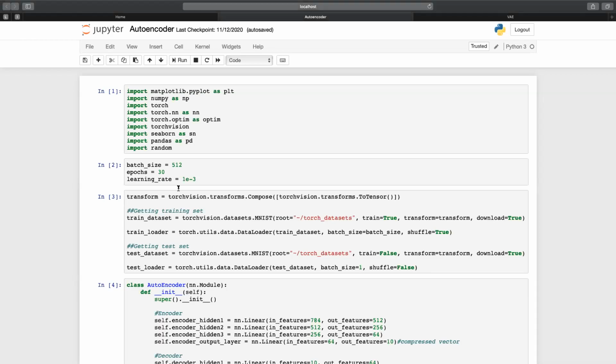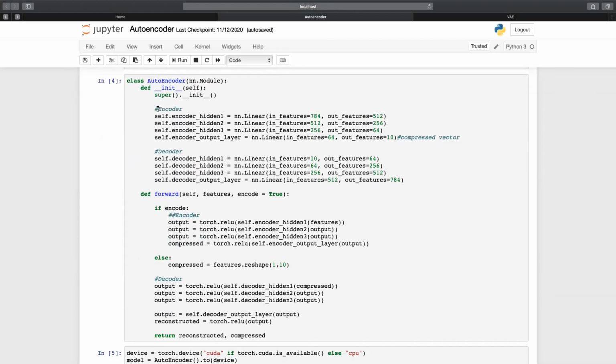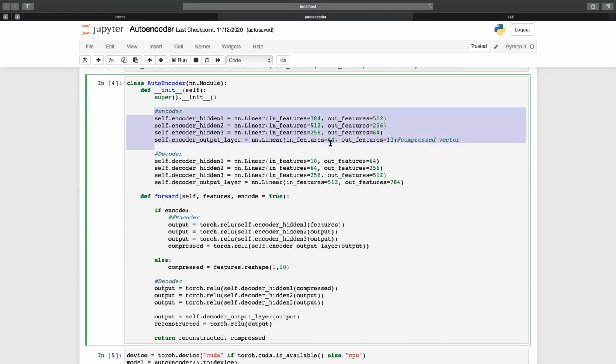So this is what an autoencoder code looks like. It's very simple. It is made up of two networks, the encoder, which is a bunch of linear layers. I'm working with MNIST images here. So the starting input dimension is 784, and I'm compressing it to the encoder output, a latent compressed vector, which is of 10 dimensions, which is a very natural dimension to compress MNIST images, which are digits from 0 to 9.